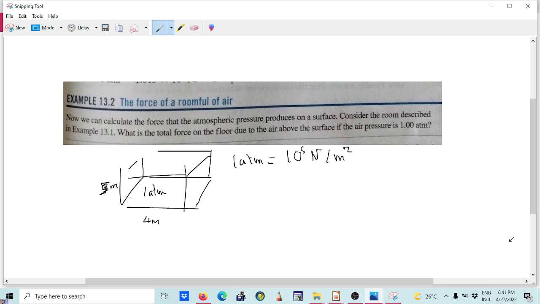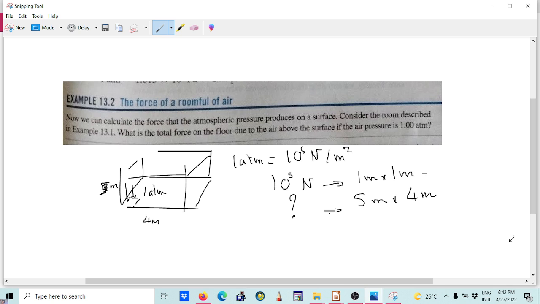That means for every meter square you take, if you have 1 meter by 1 meter, you're going to have a weight pushing on it of 10 to the 5 Newton per meter square. So you can say 10 to the 5 Newton for a square of 1 meter times 1 meter. What's going to be the force if you have an area of 5 meter times 4 meter?